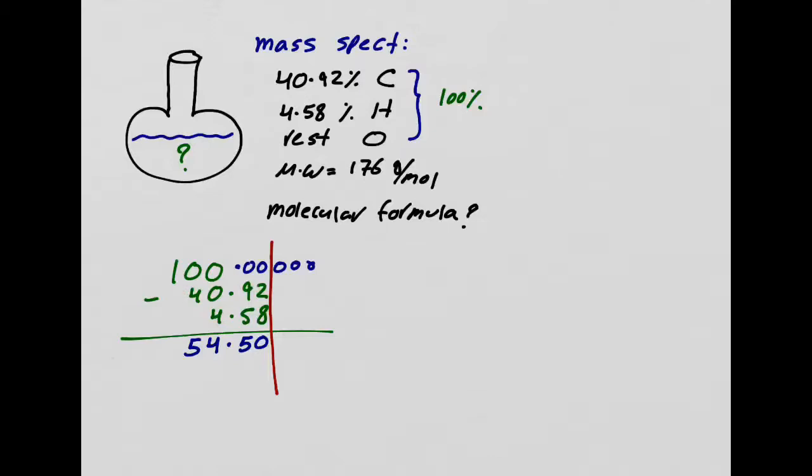Now, these two are the ones that matter. I'm going to cross the line right here after 2 and 8. So everything behind this line is going to determine my significant figure. So what is the percentage of oxygen? The percentage of oxygen is going to be 54.50%. I need 4 sig fig.